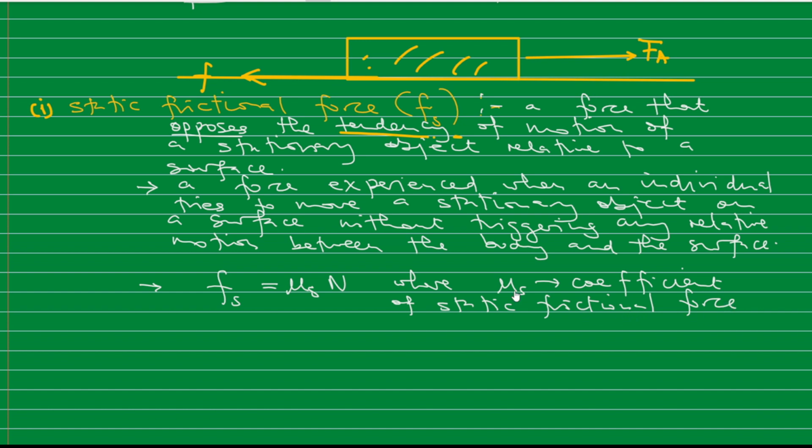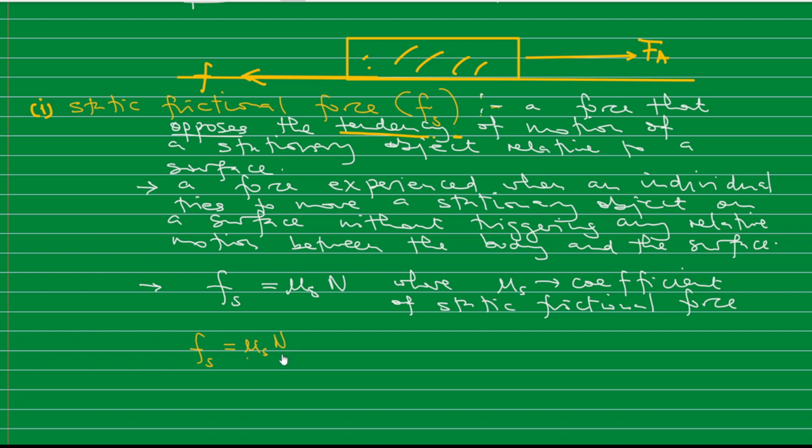Now the mu s is just a constant of proportionality, a proportion between the normal force and the frictional force. I'm thinking of fk now because that's the other force that we are going to identify. So we have got Fs is equal to mu s n.